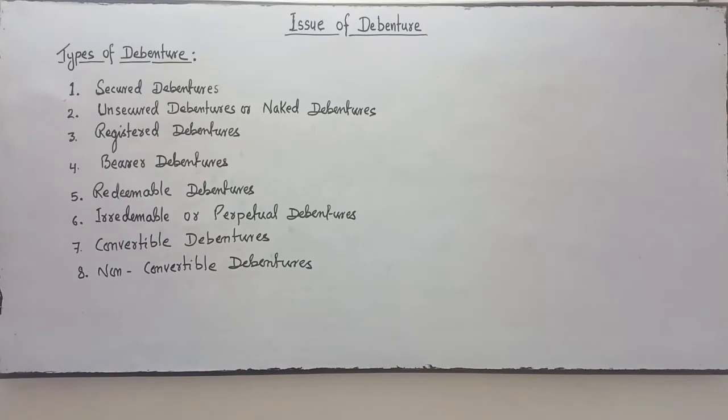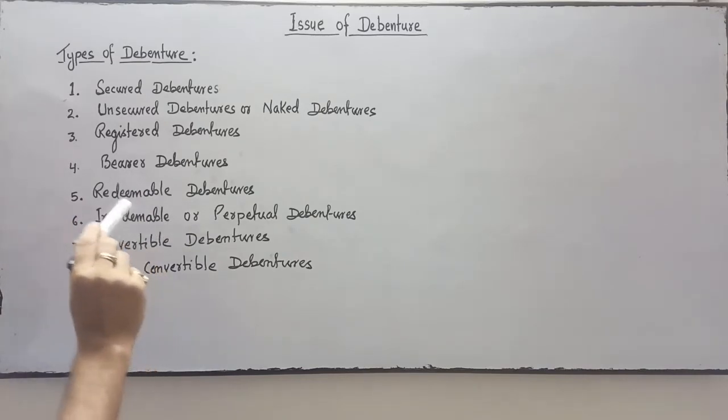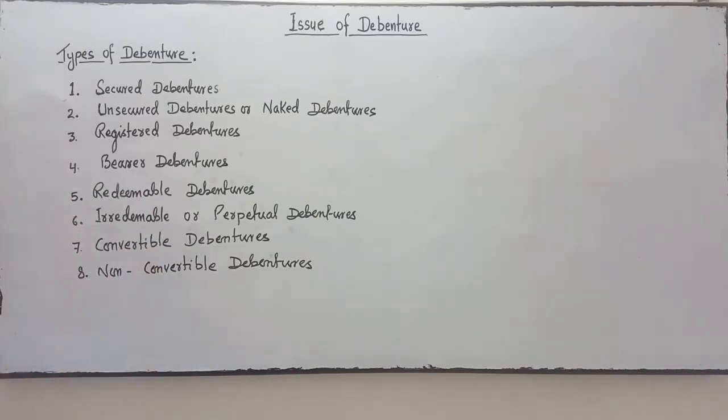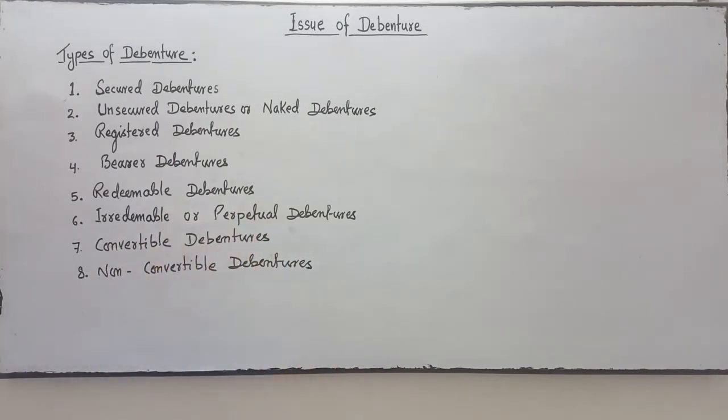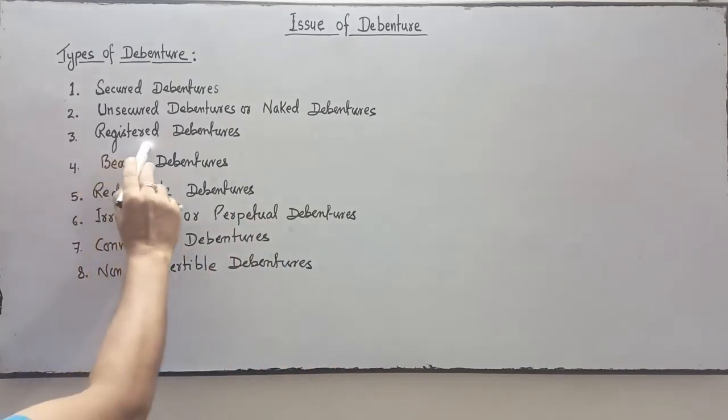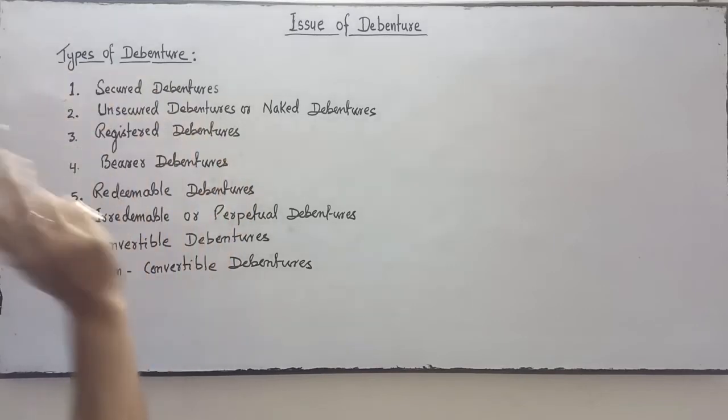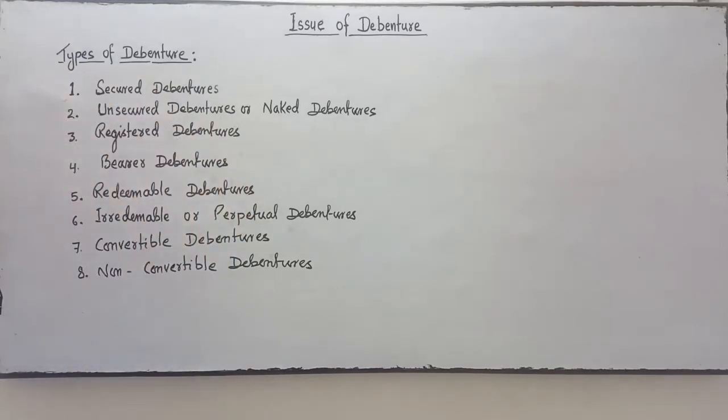So registered debenture means the name and address of the holders of such debentures are recorded in a register of the company called the Register of Debentures. Such debentures are not freely transferable.